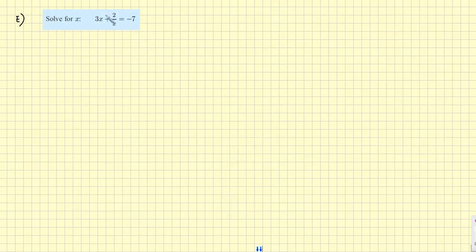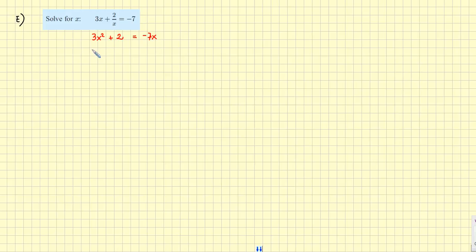All right, let's take a look at one other example. This other example has 3x plus 2 over x equals negative 7. I don't seem to have a quadratic right now, but I've got an x in the denominator, and I do not want to have a fraction, so if I multiply the entire equation through with x, I end up getting 3x squared plus 2 equals negative 7x.